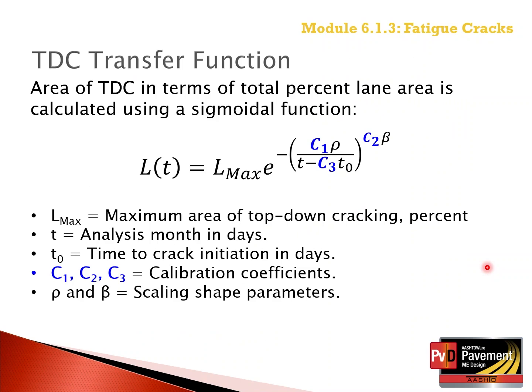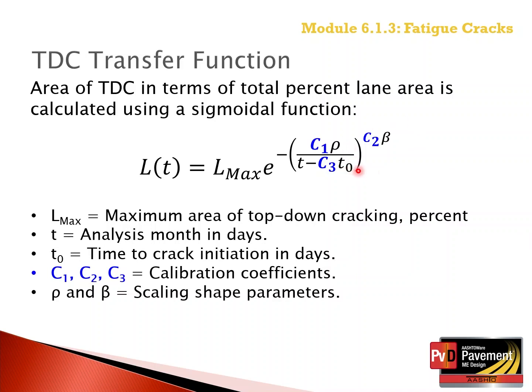The transfer function for predicting the area of top-down cracking includes a sigmoidal function and is based on the maximum area of top-down cracking and the time to top-down cracking, as well as the scaling shape parameter and calibration coefficients.